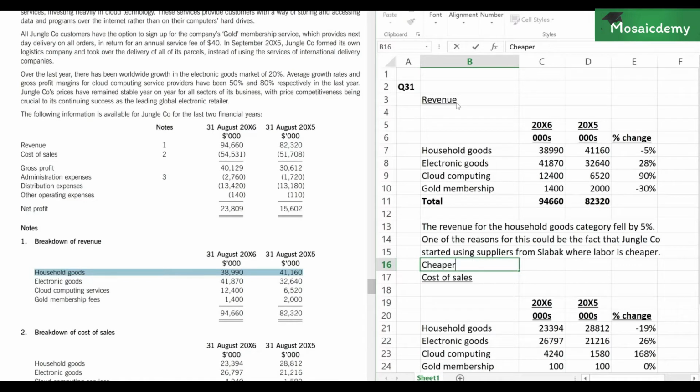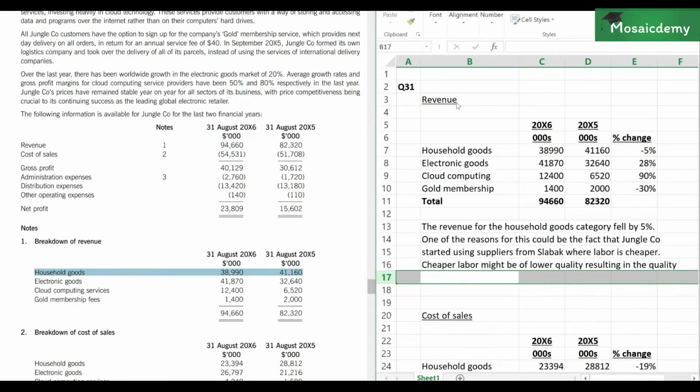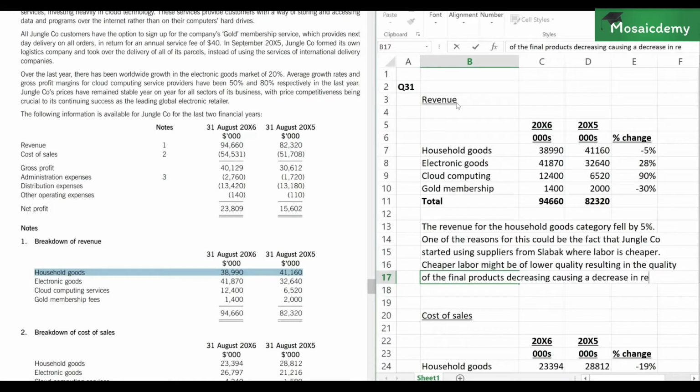Cheaper labor might be of lower quality, resulting in the quality of the final products decreasing, causing a decrease in revenue, right?